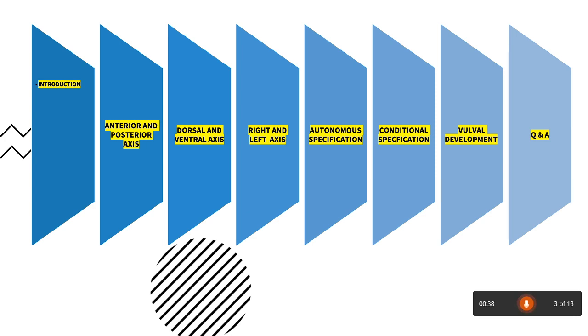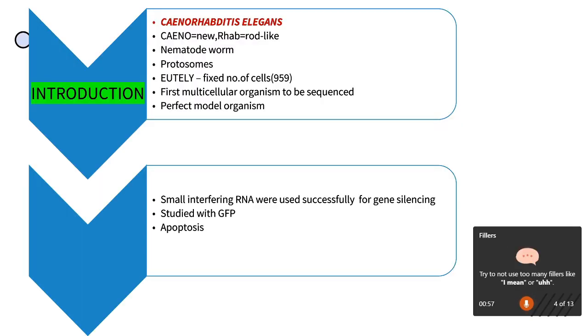One among the important topics in C. elegans is the vulval development. After discussing all these topics, I will be discussing the question answers of this topic that have been previously asked in the CSIR NET exams. So, moving on to the introduction of C. elegans.